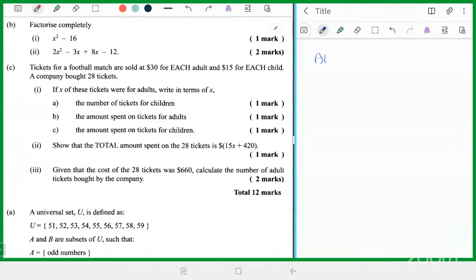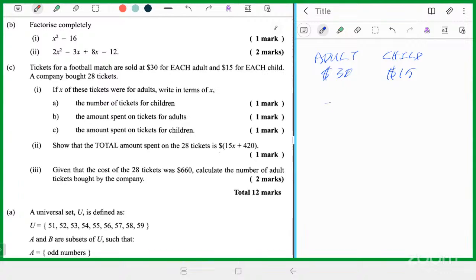An adult ticket is $30 each, and a child ticket is half as much, $15 each. So the total number of tickets bought is 28. It says if x of these tickets were for adults, write an expression for how many for children.